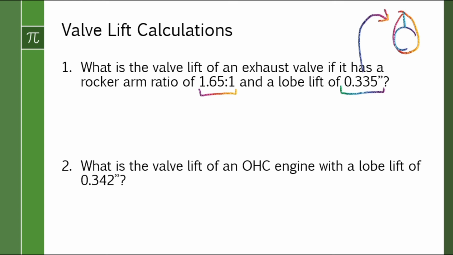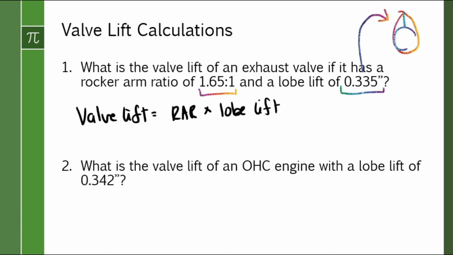And we know that we're going to amplify, or create that advantage. Valve lift equals rocker arm ratio times lobe lift or height. So we're going to take 1.65 and multiply it by 0.335.